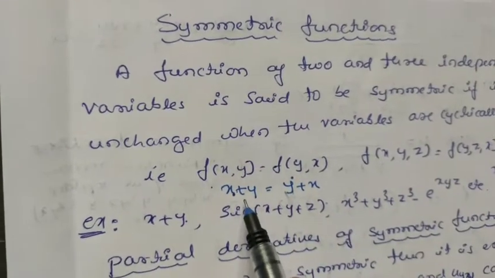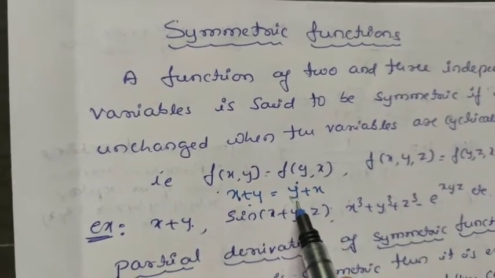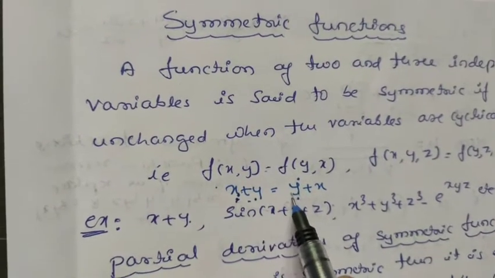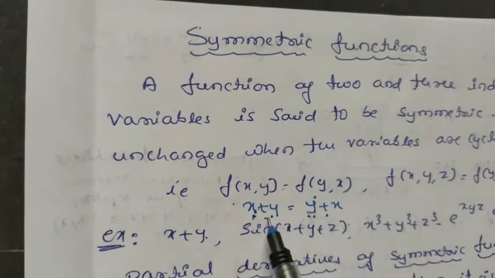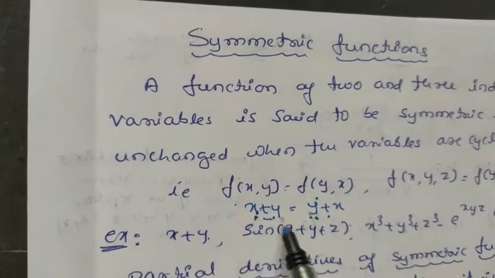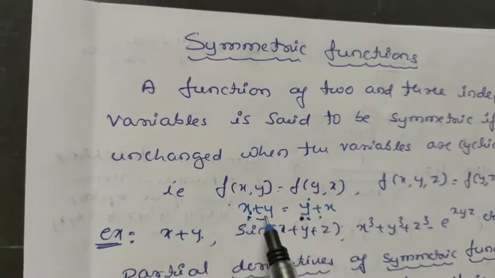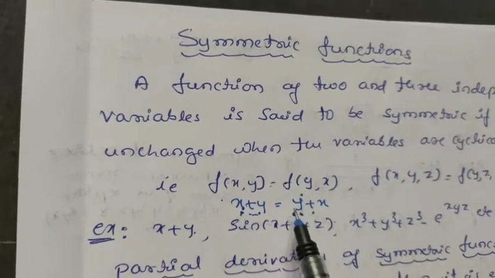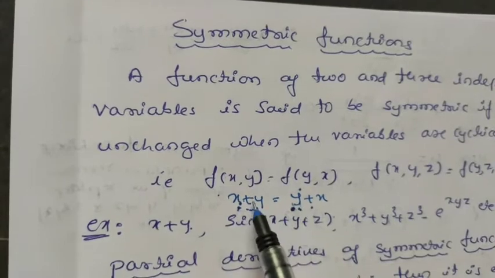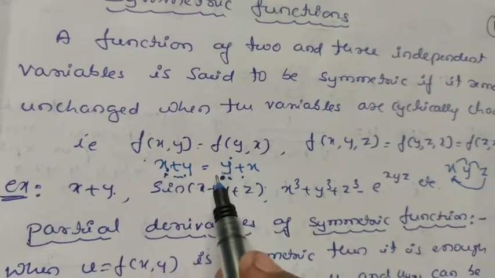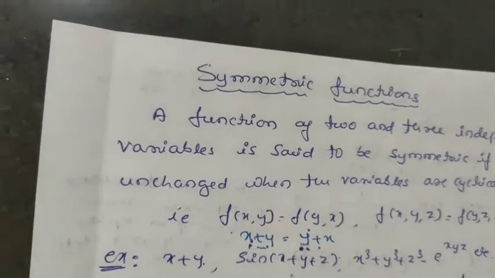So here, is there any difference between these two expressions? The LHS is x plus y and the RHS is y plus x. So they are the same, and such functions are known as symmetric functions. That is, after interchanging x and y, if the function remains the same, then such functions are known as symmetric functions.